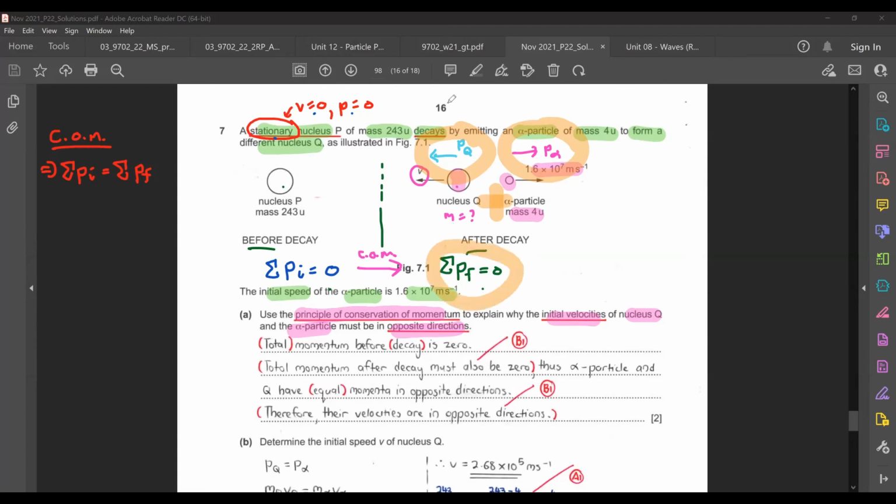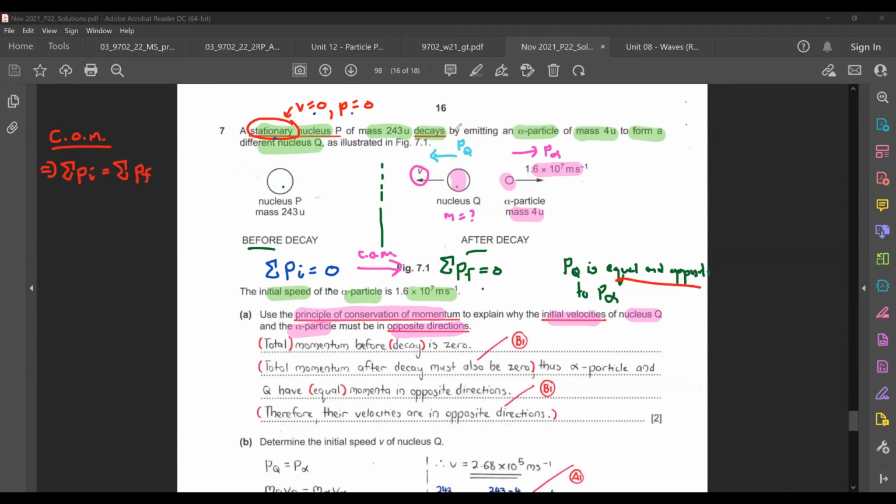So it will follow that just by looking at this, PQ is equal and opposite to P alpha. The momentum of nucleus Q is equal and opposite to momentum of my alpha particle.